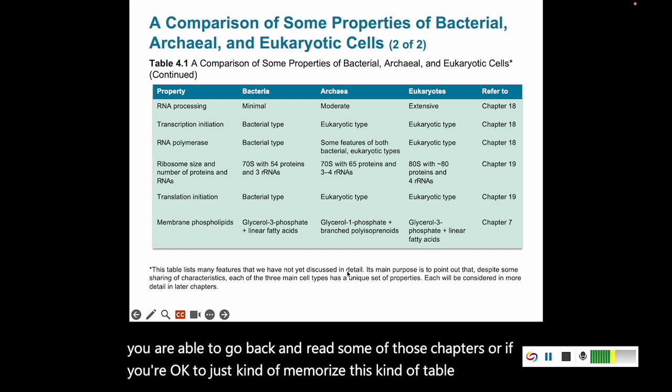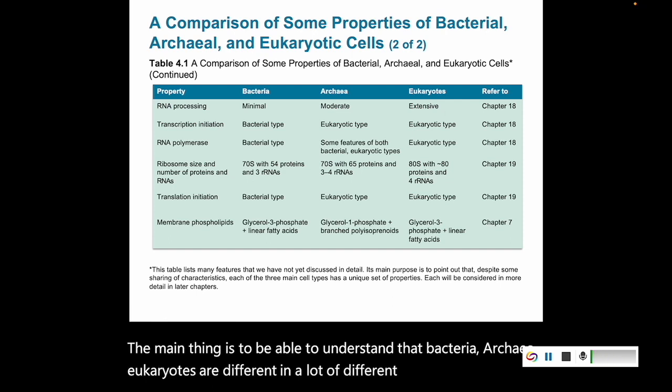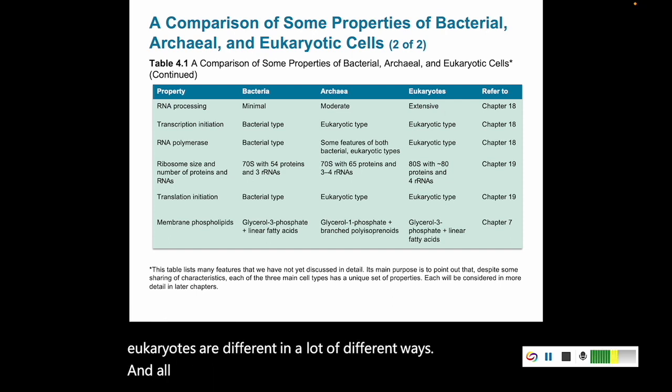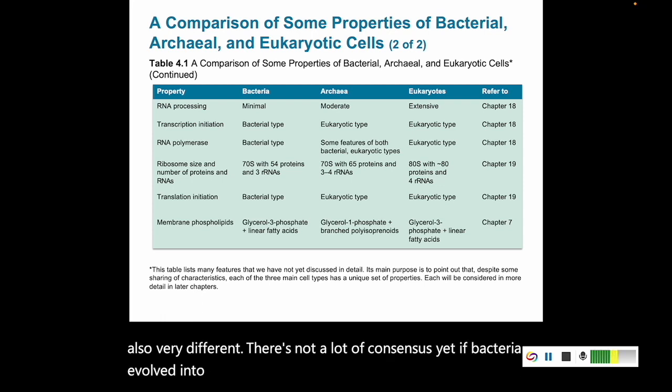Right now, the main thing is to be able to understand that bacteria, archaea, and eukaryotes are different in a lot of different ways. And although bacteria and archaea are both prokaryotes, they are also very different. There's not a lot of consensus yet if bacteria evolved into archaea, which evolved into eukaryotes, or if bacteria is split, or if archaea is split.